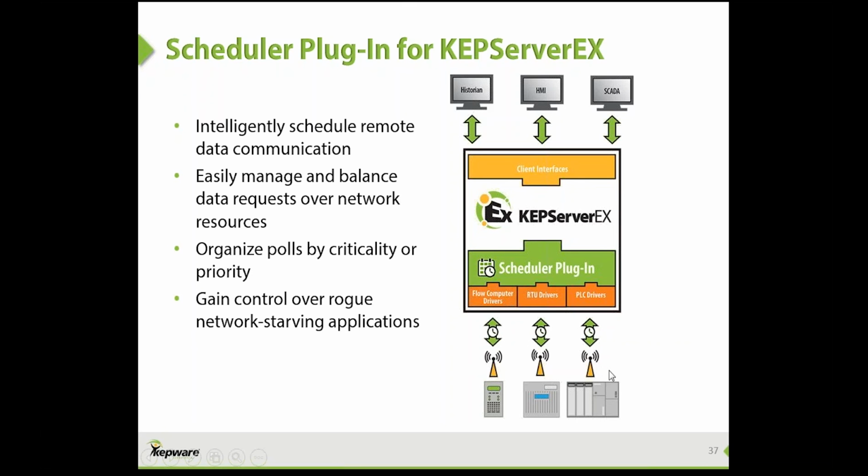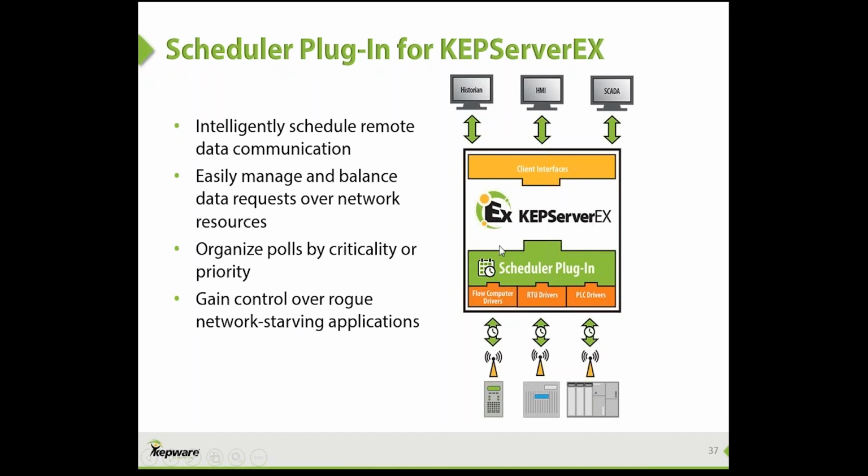The reason you'd want to do that is because you want to manage these limited bandwidth remote connections in a central place instead of having to configure it in each individual connected application. That allows network administrators to gain control over rogue or maybe network starving applications that would connect and try to start getting a fast scan of real-time updates instead of waiting their turn.